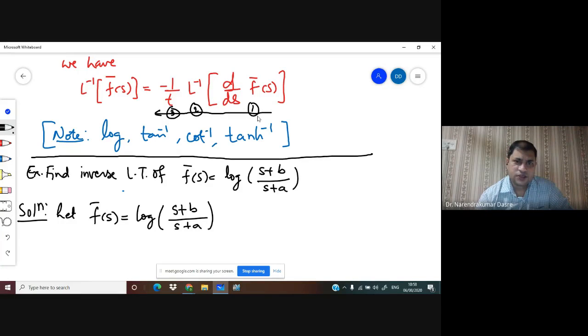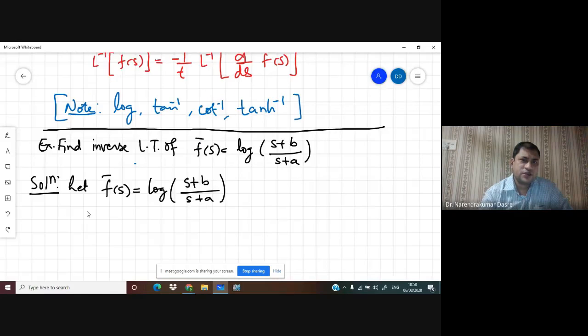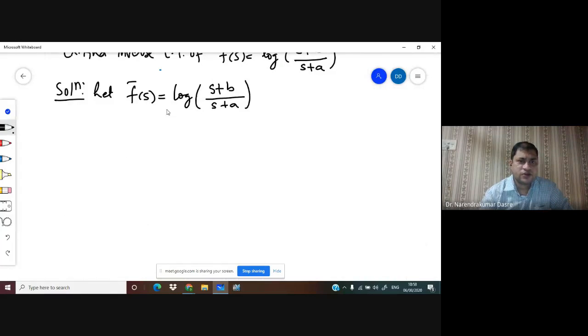These are the three steps we have to follow to find the inverse Laplace transform in this case. Now we'll follow these three steps for our example. The first step is to find the derivative, but don't be in a hurry. If you want to find the derivative of this term, it's easy.